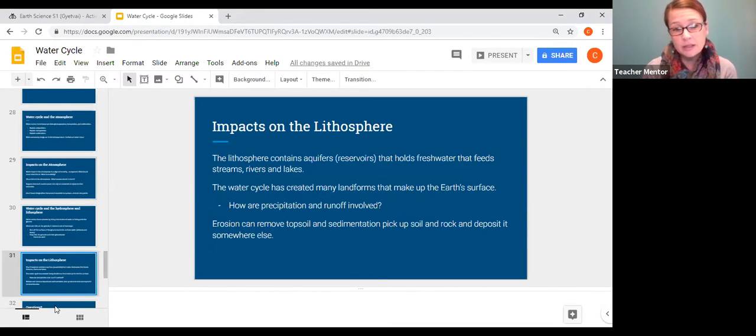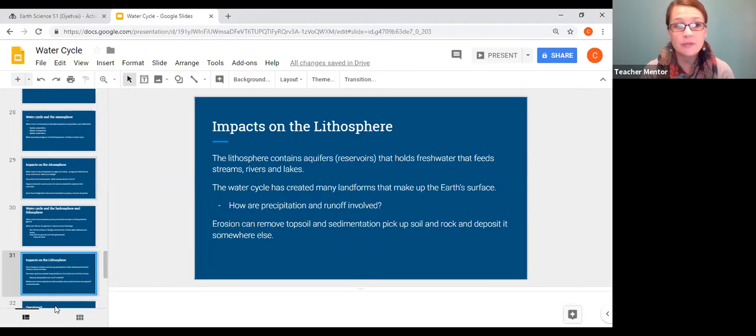If a river rock is in a stream and it's being tossed and turned through that water current, it's going to have super soft, round edges because it's been worn down. And so a lot of the landforms that we see, like the Grand Canyon, have been eaten away, dwindled down into the gorgeous canyon that we see.